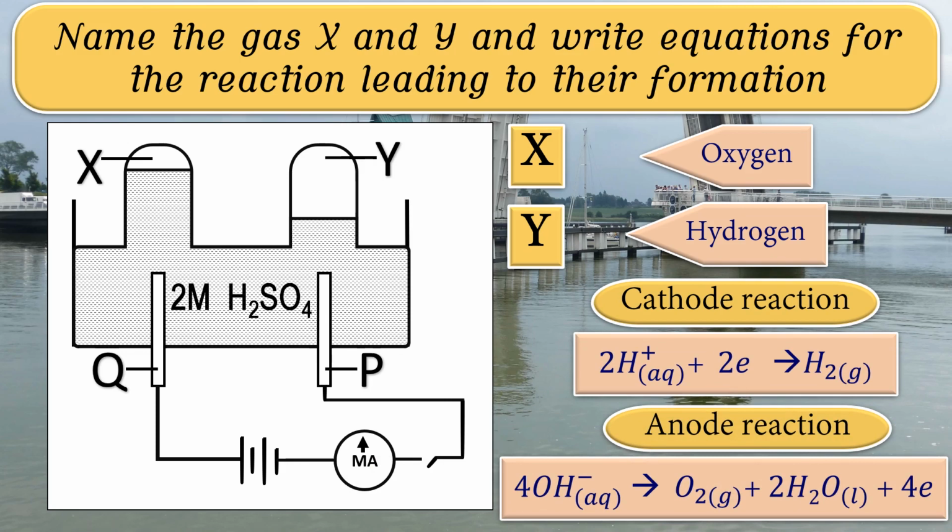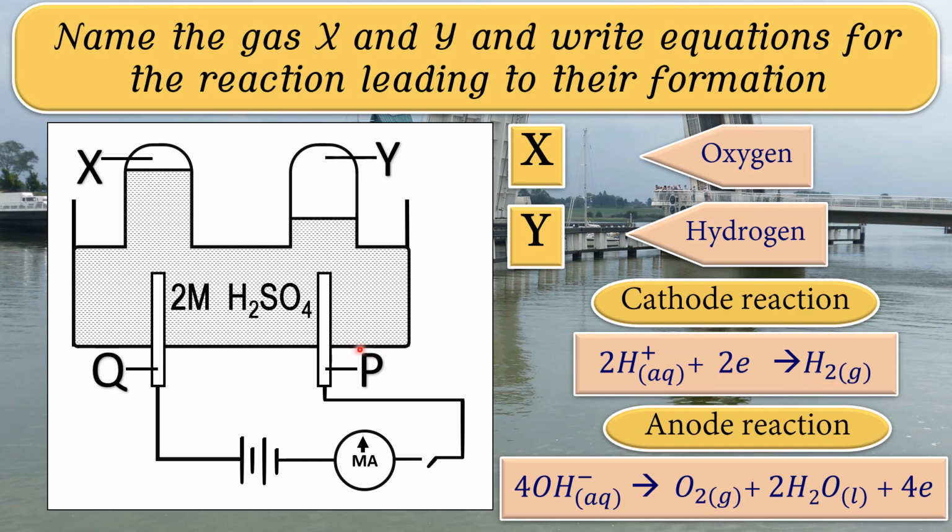At the cathode, and this is our cathode, we have our cathode here, P. The hydrogen ions will move to P, and here they will receive electrons and they will be discharged as hydrogen gas.